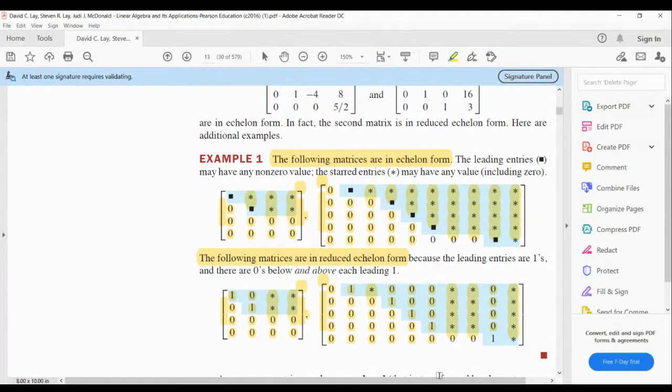Additionally, each leading 1 is the only non-zero entry in its column. Wherever you have a leading entry of 1, the rest of that column contains zeros, and that's true. Are there any questions so far with the difference between echelon forms and reduced echelon forms?